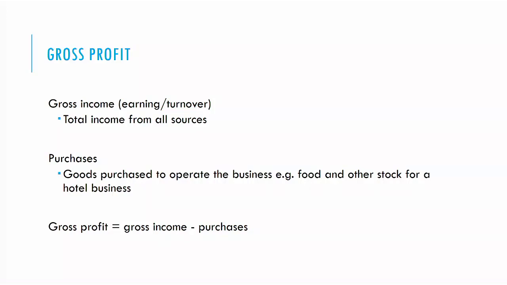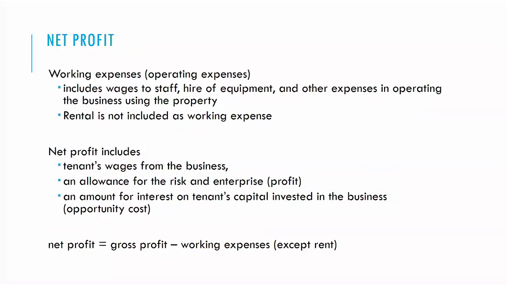And then we have to calculate net profit. How can we calculate net profit? Gross profit, subtract working expenses, and then you will get net profit. So what are the working expenses? Operating expenses, including wages, hire of equipment, electricity and other expenses.